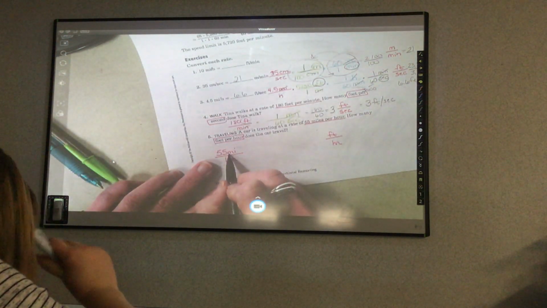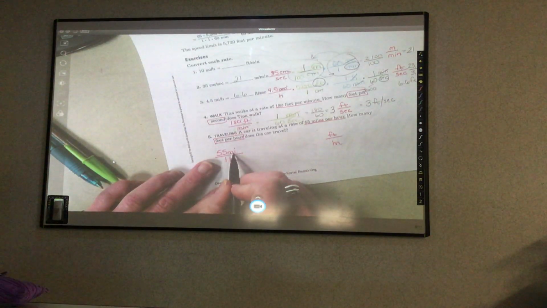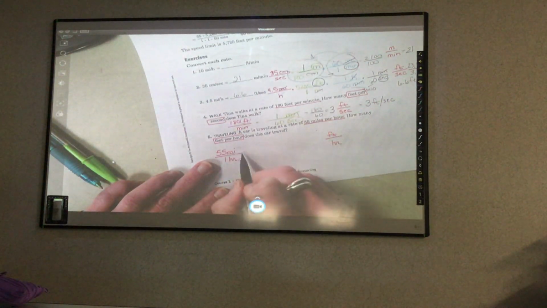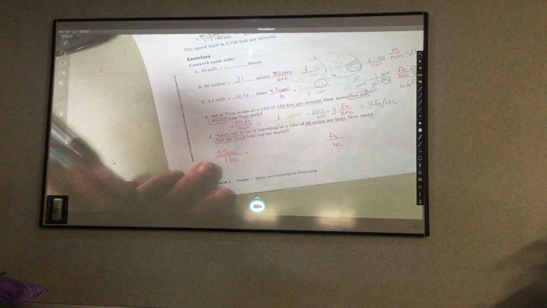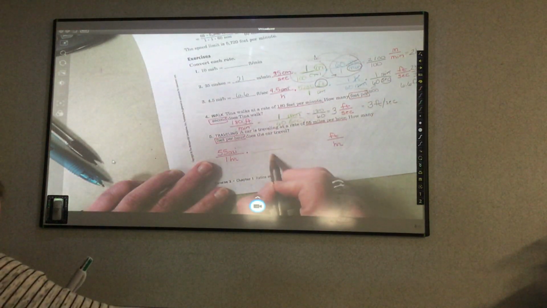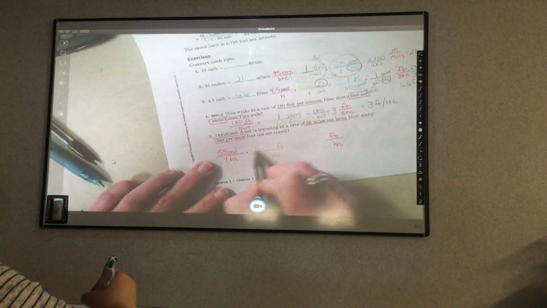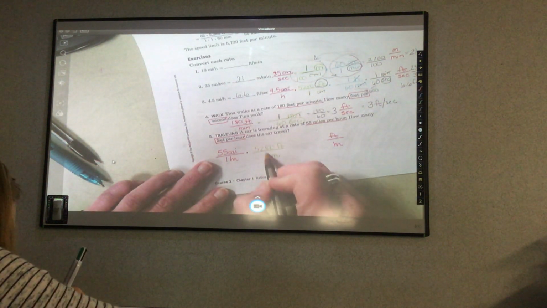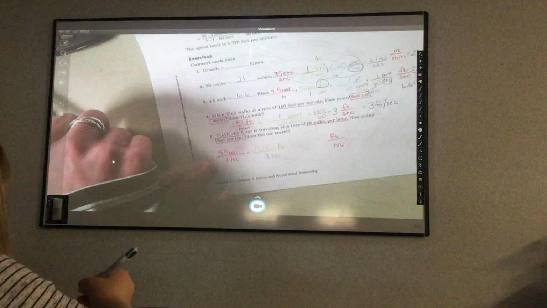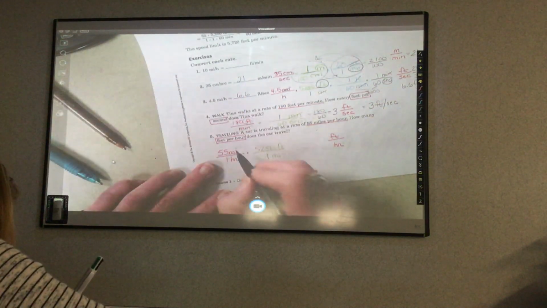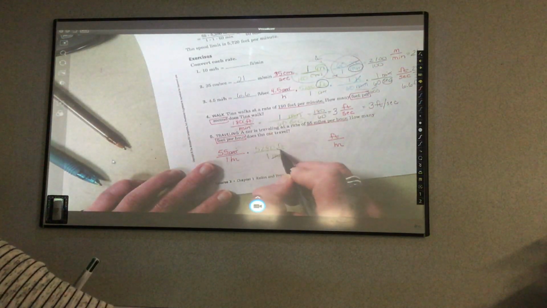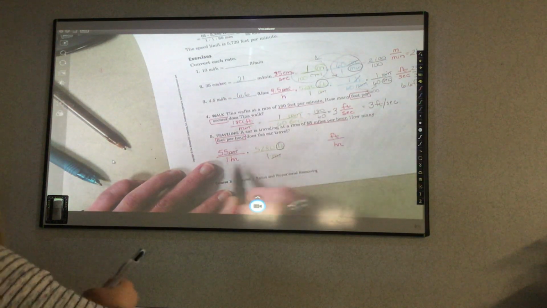I've got miles here. What do I need to change miles to? Feet. So what goes on the bottom? Miles. And then what goes on the top? Feet. So there are 5,280 feet in 1 mile. Cancel out my miles. Circle my feet, because that's what I'm left with. Then I have an hour.